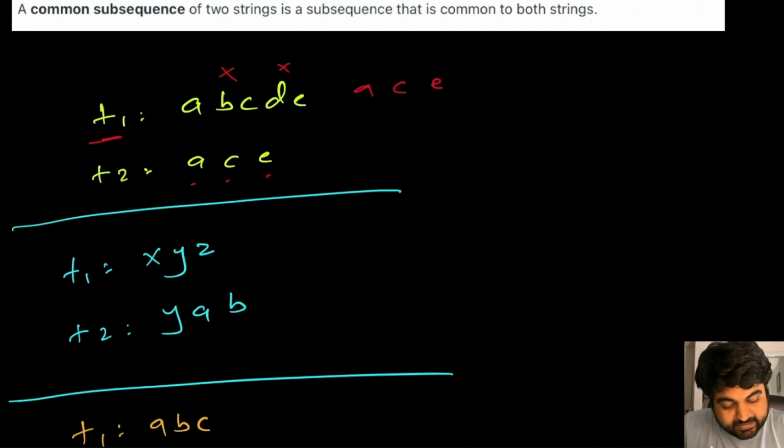So for this example, the longest common subsequence that follows the relative order is of size 3, and we need to return 3 as the answer.